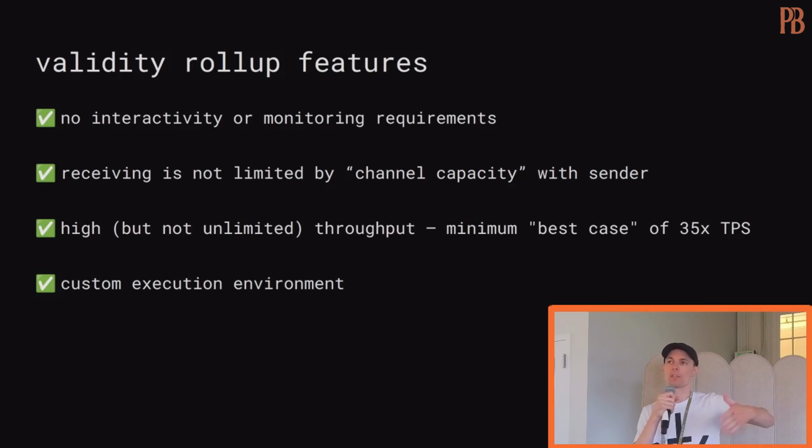Some ZKVMs are tailored towards specific languages, so a lot of the ones that you see today are specifically for Rust, but you can basically prove any Rust program. And so you could have a validity rollup that looks exactly like Bitcoin, or one that looks like Liquid, or one that looks like Rootstock, or one that looks like Zcash. If you have a generic verifier on layer 1, the execution environment of the rollup can be whatever you want, really.